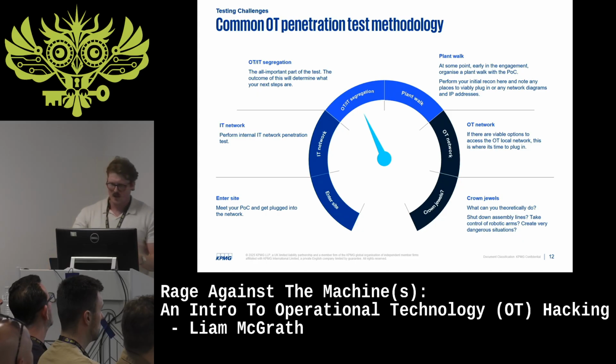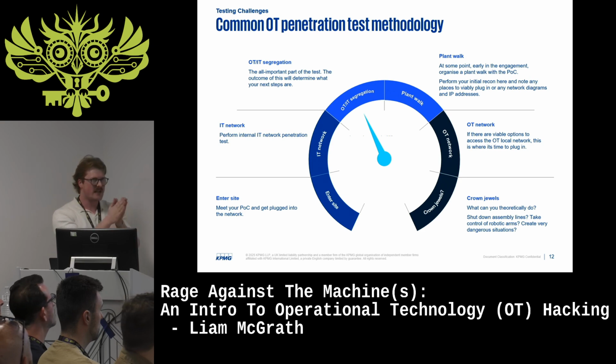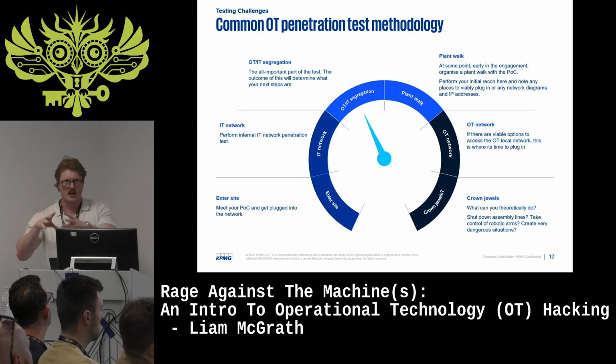The OT should be working on its own internal network with no internet access for obvious reasons, but you want to find, even internally on the IT system, is there any way of getting from there into the local OT network?